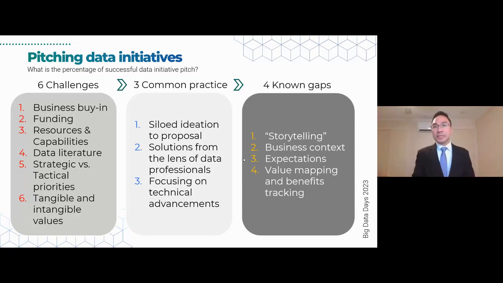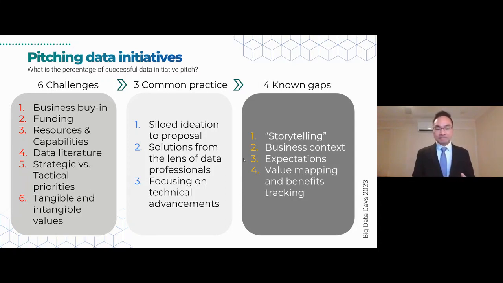In another word, this is similar to the first practice, but at the team level or division. So the solution is all coming from the same aspect of data professionals. Then last but not least, it is about focusing on technical advancement.